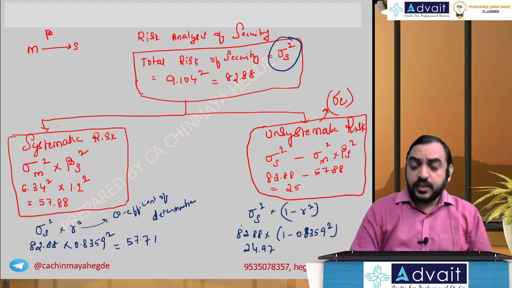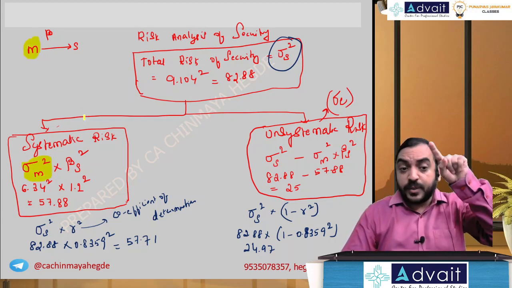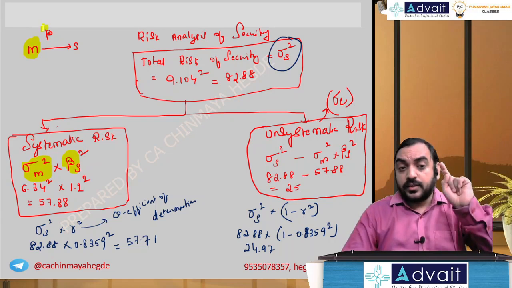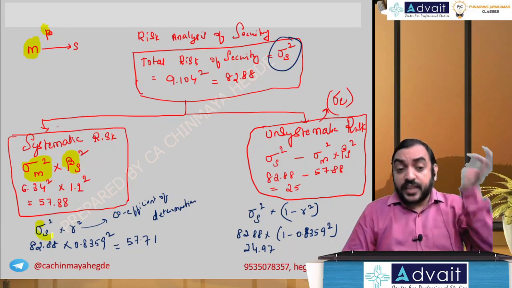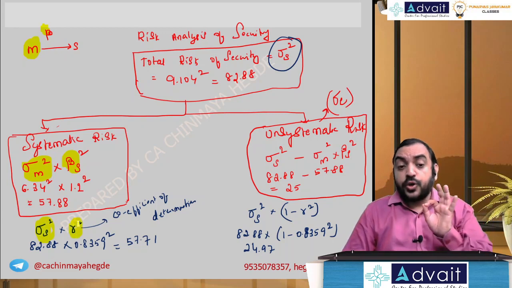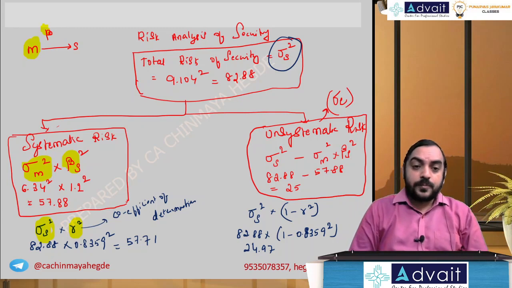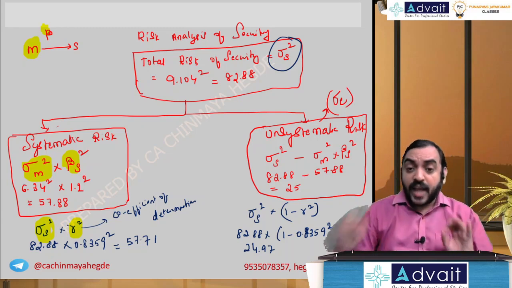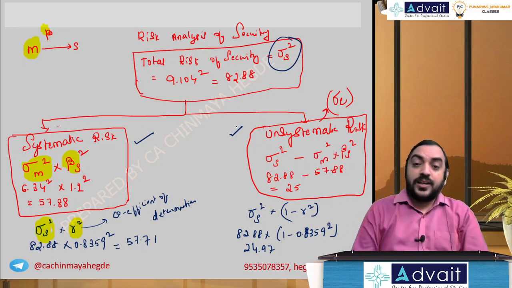I told you, small difference, that's because of rounding off. But one small thing, be very clear. When I use market variance, when I start from the market, I will use beta. From the market to security, I will use beta. But if I'm using security variance, then I'm going to multiply it by R square as an alternate formula. But I would recommend the first method from an exam point of view as well.